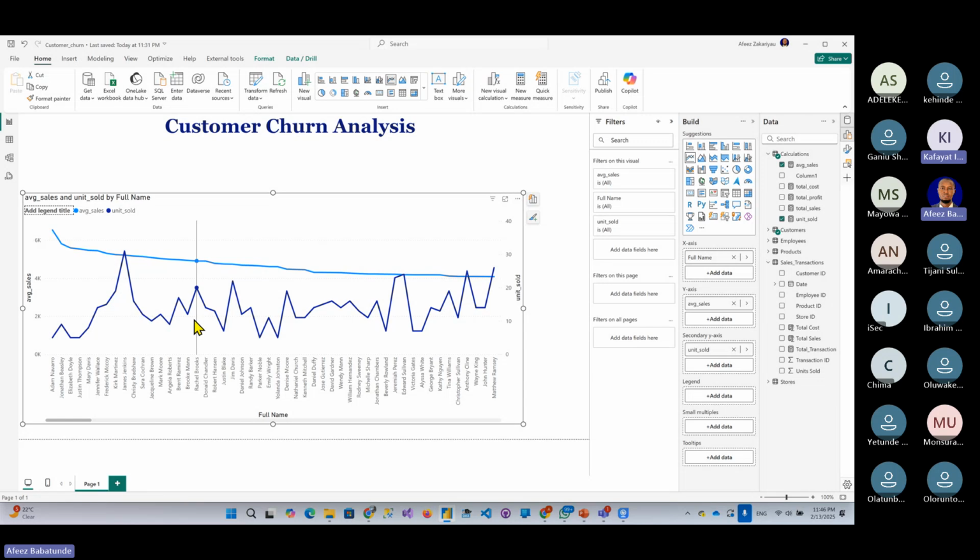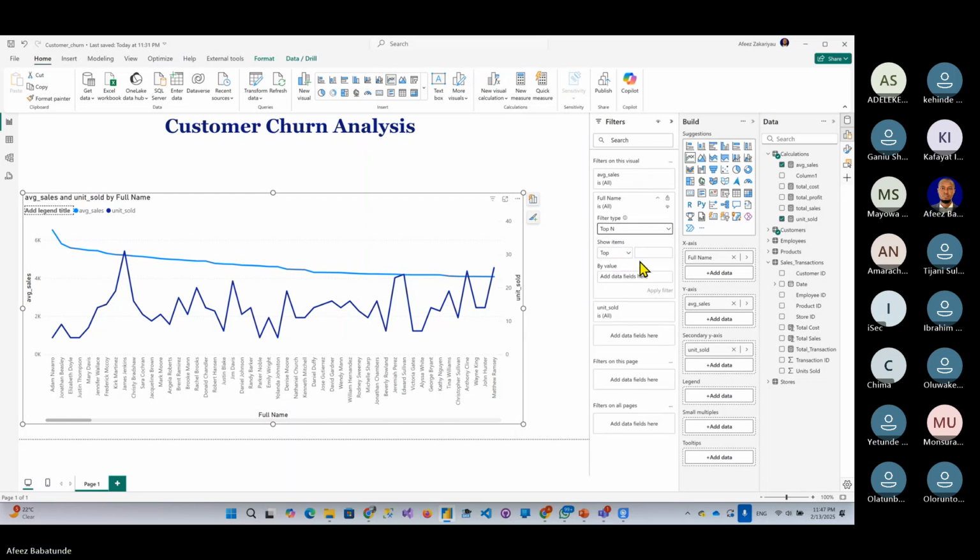So can you see? Let's say we need top 5 or 10. Let's do top 10 customers. Let's filter by top 10, and then we have 10 here. By what value?